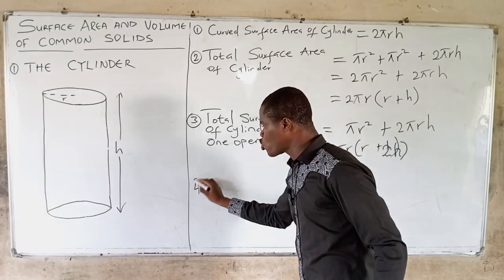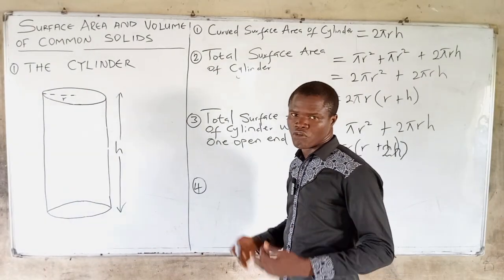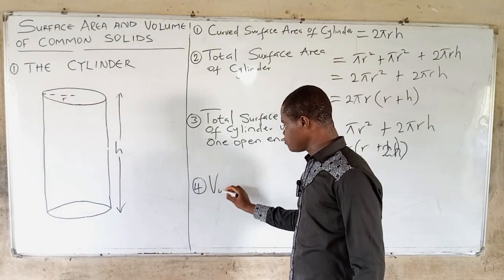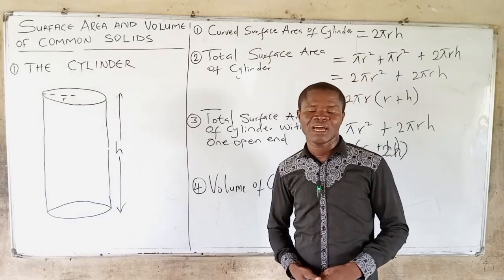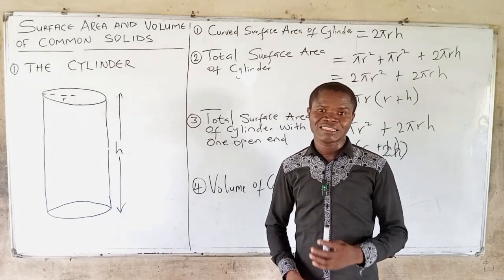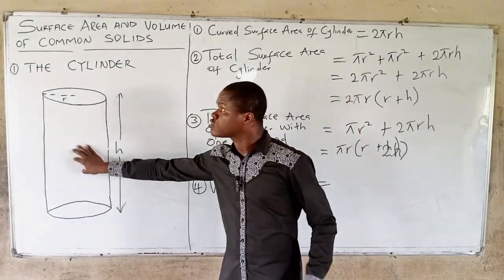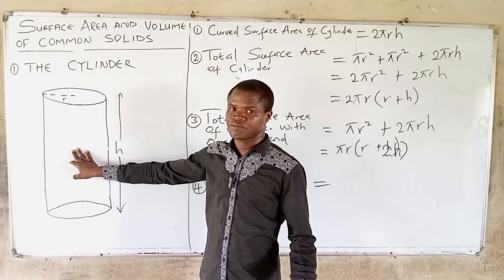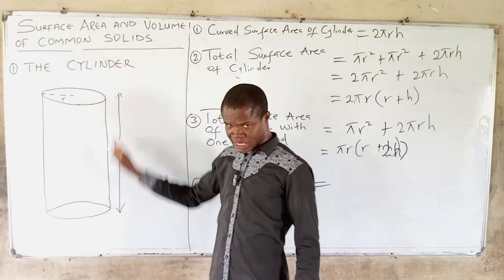The fourth thing you could be asked here is to determine the volume of the cylinder. Volume for prisms in general, their volumes are given as base area times height. So a cylinder is a prism. So because a cylinder is a prism, it has a base, it has a height.